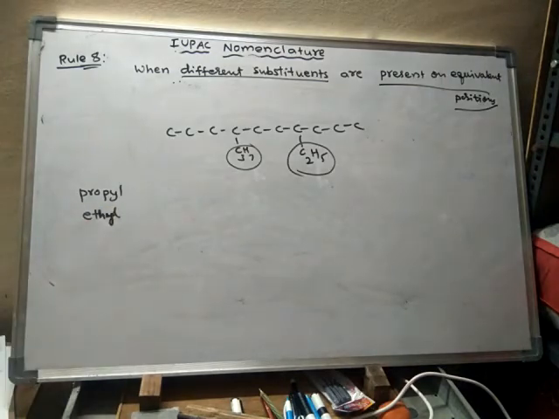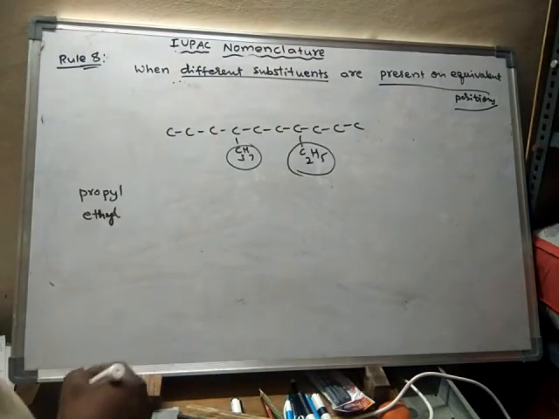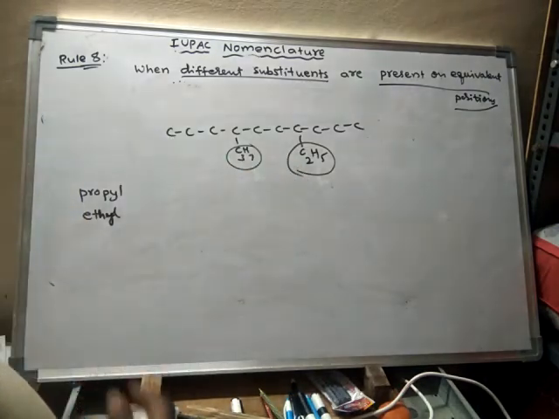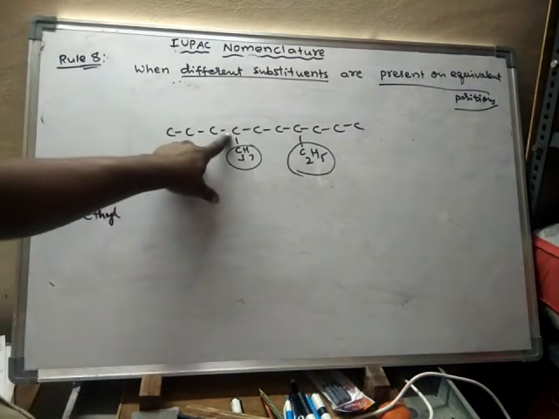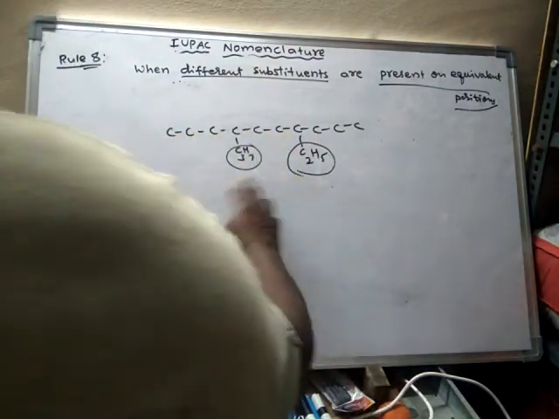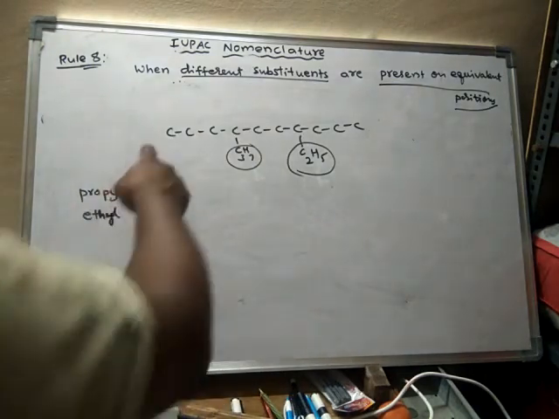How to write the numbering to this parent chain? These are present on equivalent positions. 1, 2, 3, 4th carbon, and from the other side 1, 2, 3, 4. That means both substituents are present in equivalent positions on the parent chain.